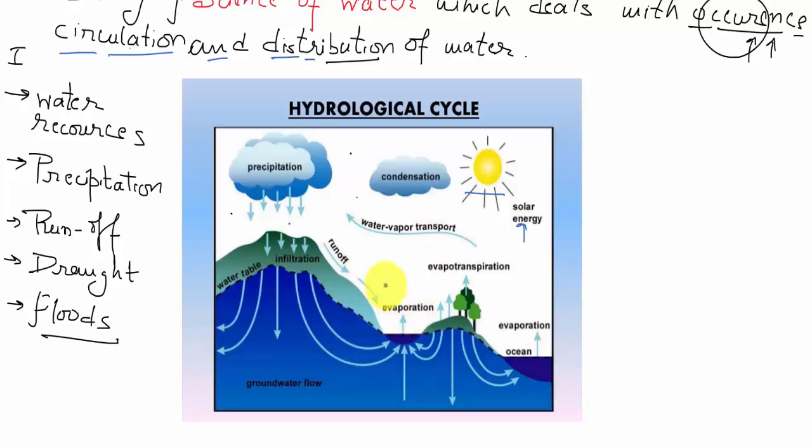We have the sun which emits radiation, and as soon as it reaches the earth's surface, there are water bodies such as oceans, lakes and rivers. From these water bodies we have a process called evaporation. Evaporation is the process where water molecules leave the water and enter into a vapor state. Now water vapor is transported and it becomes cloud.